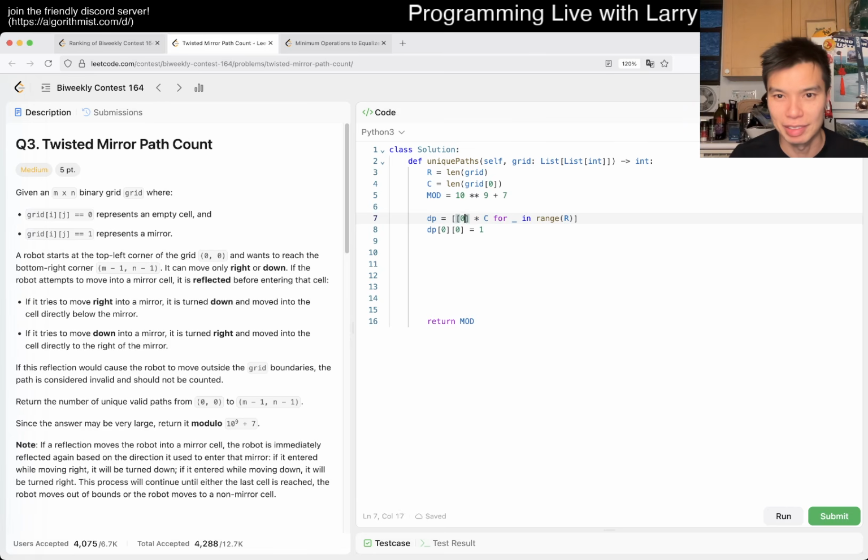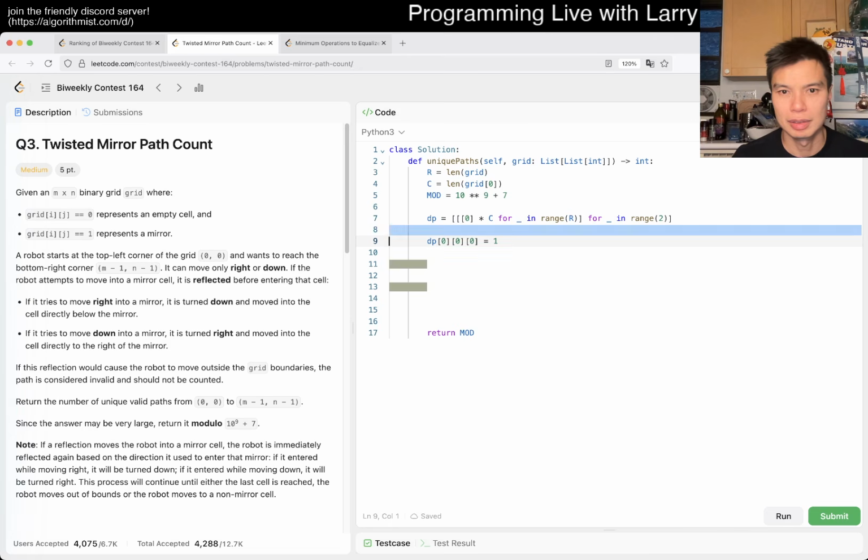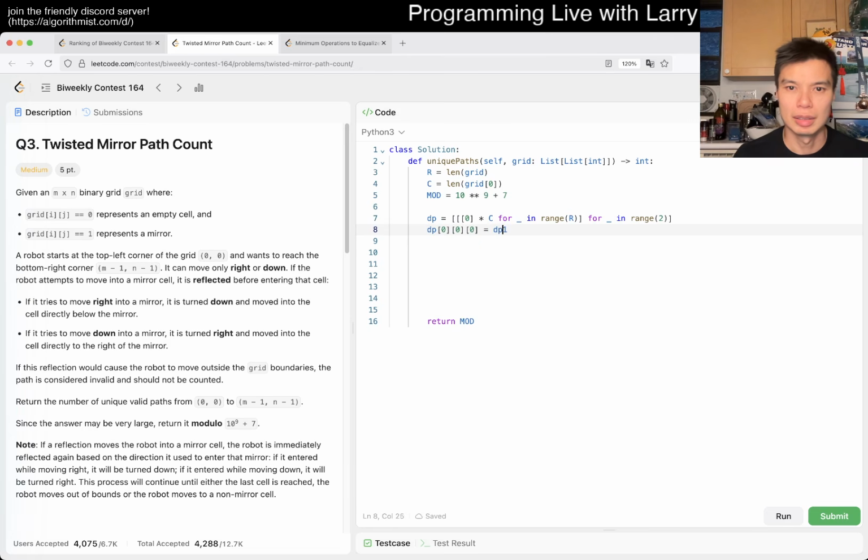And I don't like to write it this way, but I think technically it is more efficient. I think this is right, but okay.